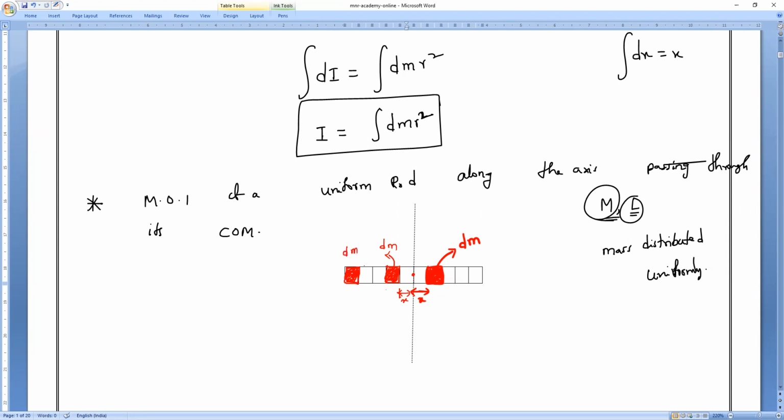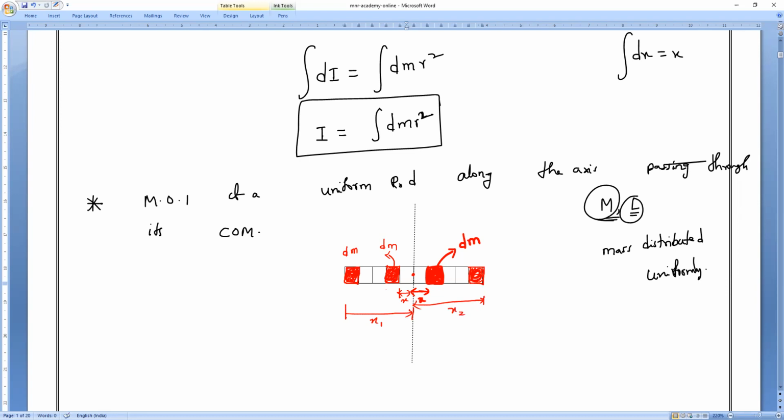On the other side, another particle is also present at x1 distance.